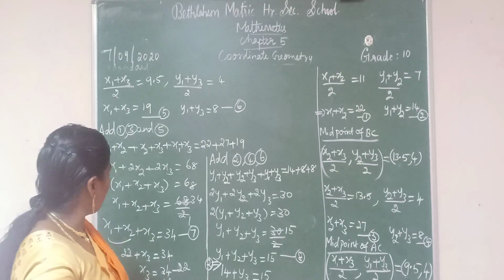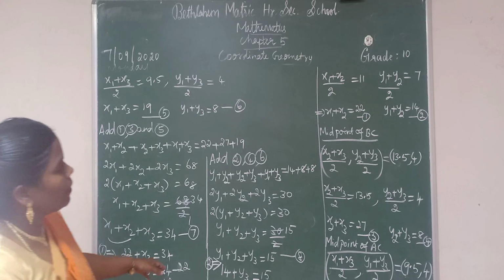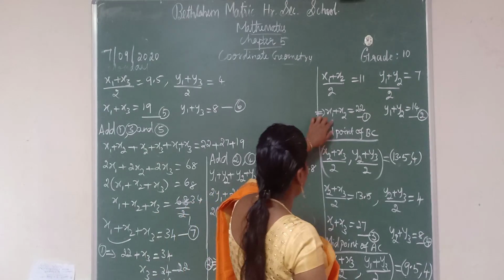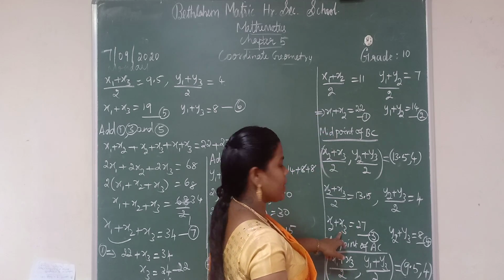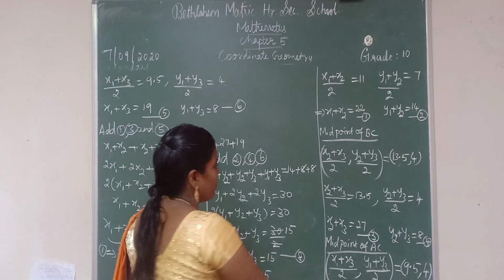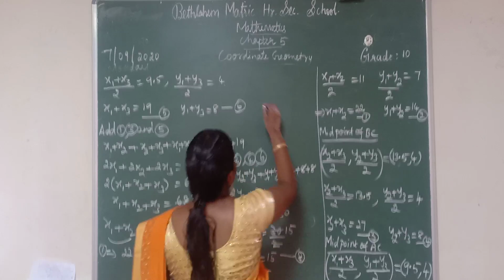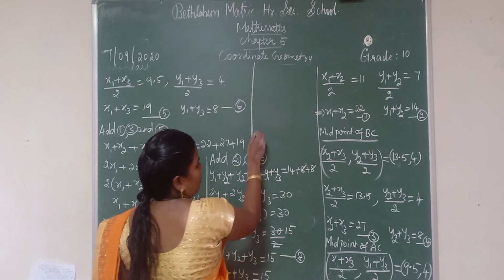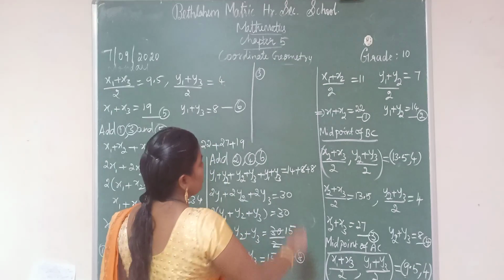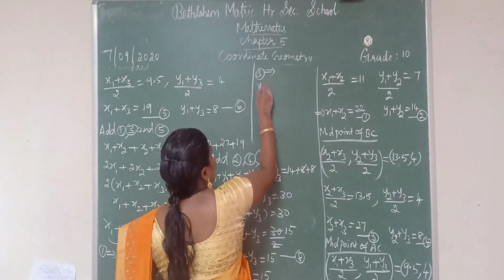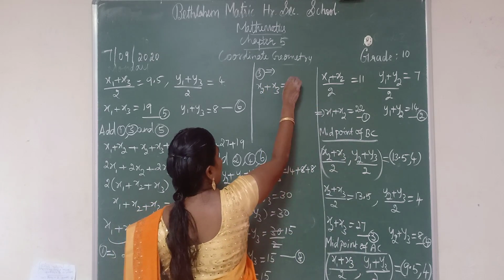Put x3 into any one equation to get the x1 or x2 value. We have x3 equal to 12. Take the equation number 3: x2 plus x3 is equal to 27.